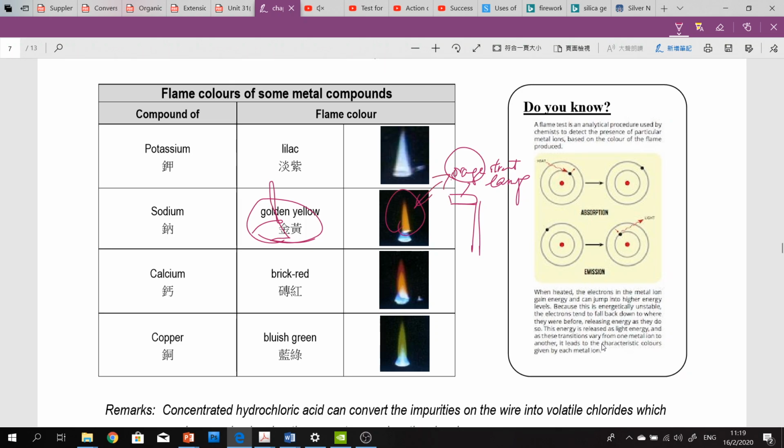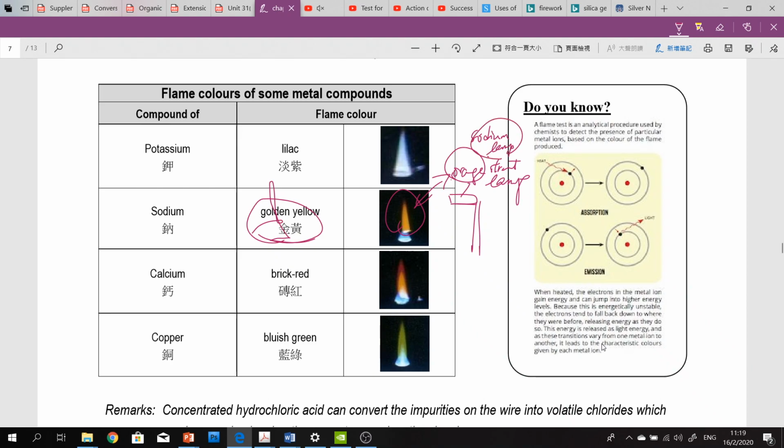Do you know why? It's very simple, because that street lamp is indeed a sodium lamp. The sodium metal is vaporized at a very low pressure, and a high voltage is applied to it, so it gives out the very characteristic golden yellow flame. So we call it the sodium lamp.